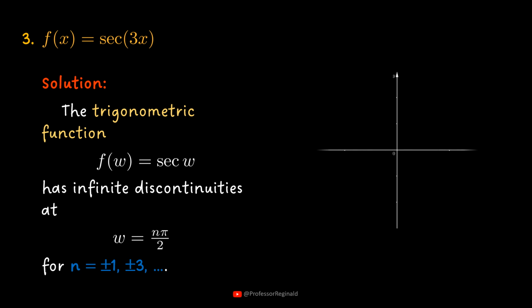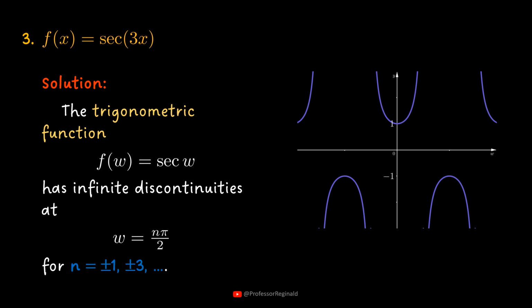The figure on the right illustrates the graph of f in terms of a temporary variable w. F of w equals the secant of w has infinite discontinuities at w equals positive or negative pi over 2, positive or negative 3 pi over 2, and so on.